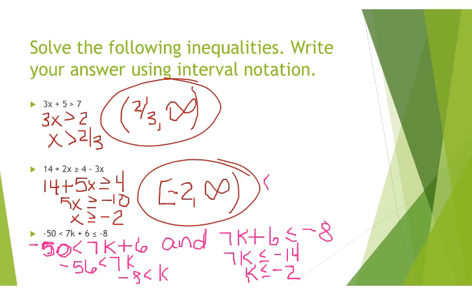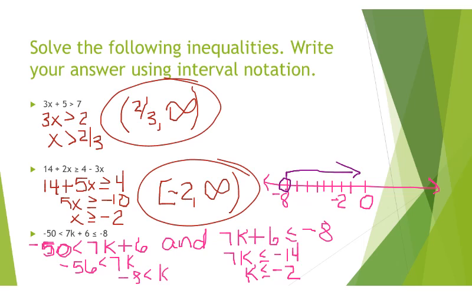Now, if I graph these on the number line, that will help me see everything. So there's -8 and -2. There's going to be an open circle on -8, and I'm going to be shading things that are bigger than it.